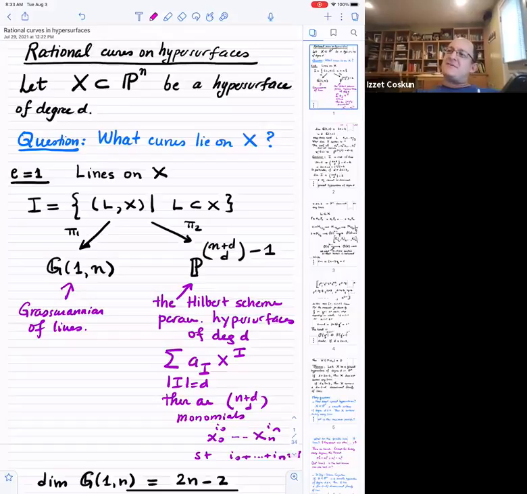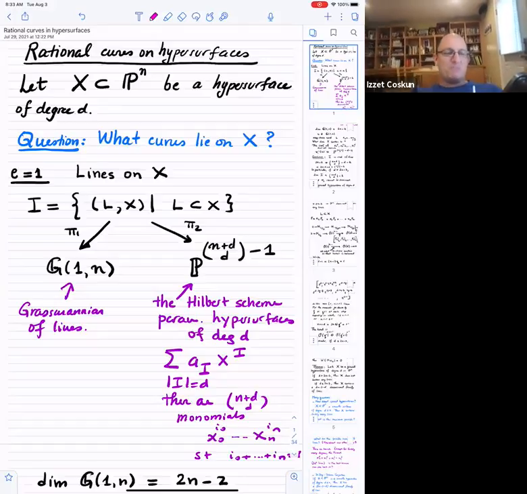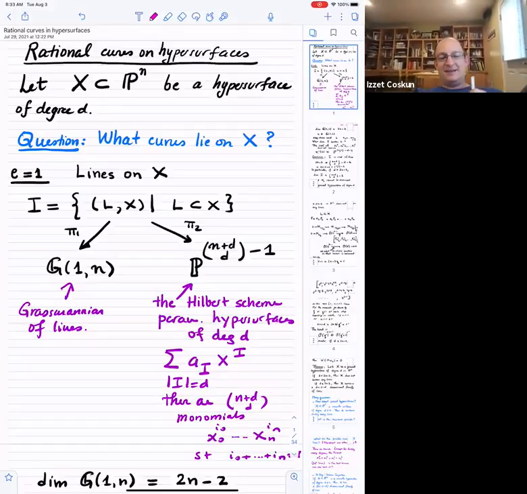I mean, of course, every variety is birational to a hypersurface, but most of the techniques that you use for hypersurfaces, you can then try to generalize for arbitrary varieties. The hypersurfaces are somehow easier to get your hands on. So you want to know what are rational curves on varieties, and a good place to start is hypersurfaces. So that's what I'll discuss today.